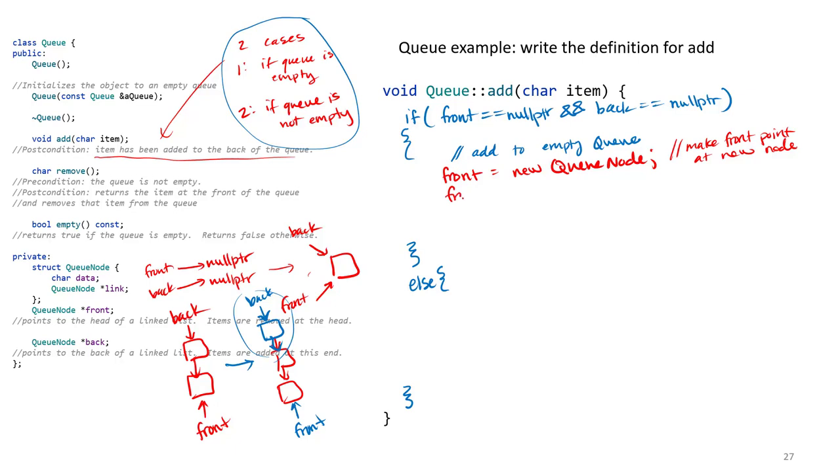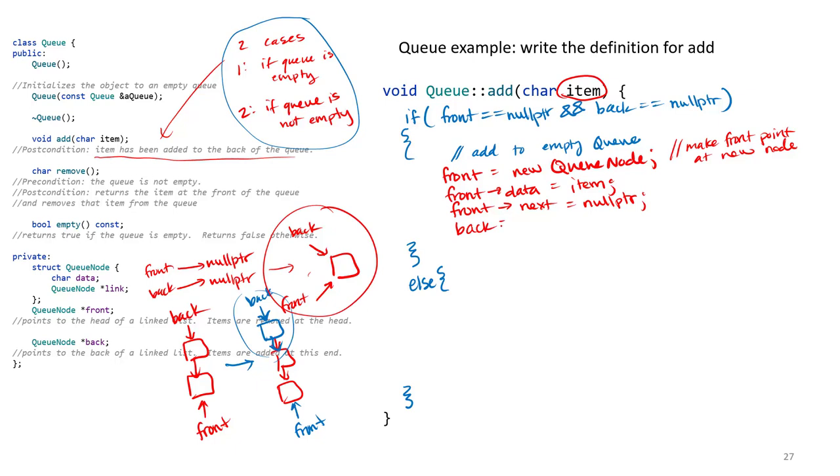So we can say front arrow data equals item, the value we want to store. And then in this case, front arrow next, we'll just have our node point to null because it's the only node in our queue. Then finally, we need to make sure that our back pointer also points where front points.